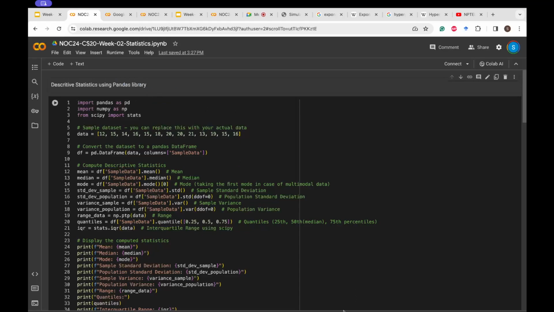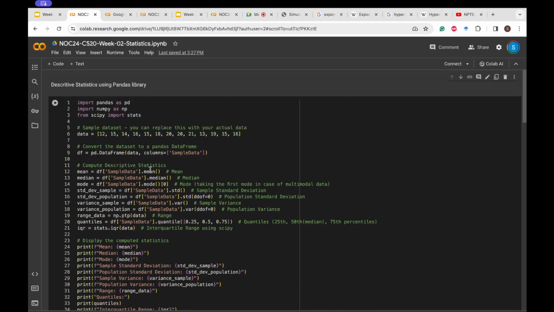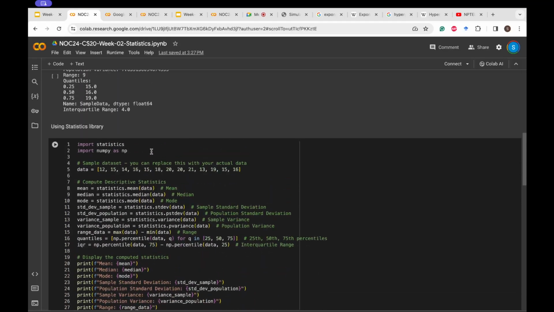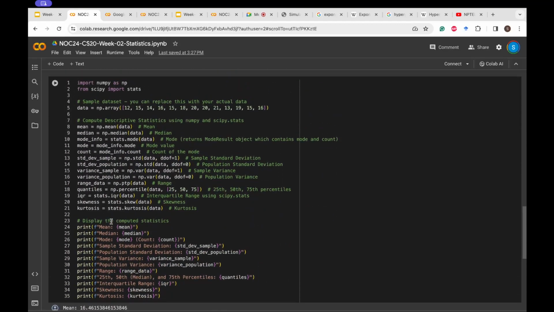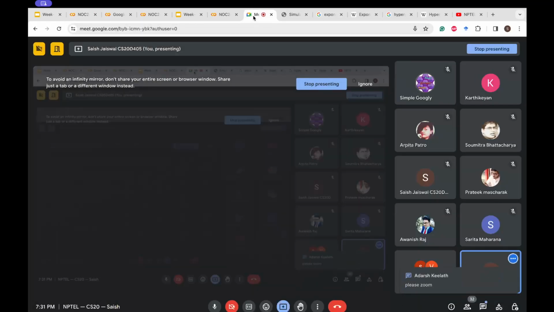Yeah, so I have created this notebook in which you can find all these descriptive statistics like mean, median, mode, and other things using the pandas library or using the NumPy statistics library, or simply using NumPy and SciPy libraries. So please have a look at it, and you can also refer to the online documentation if you have any queries. You want me to zoom?